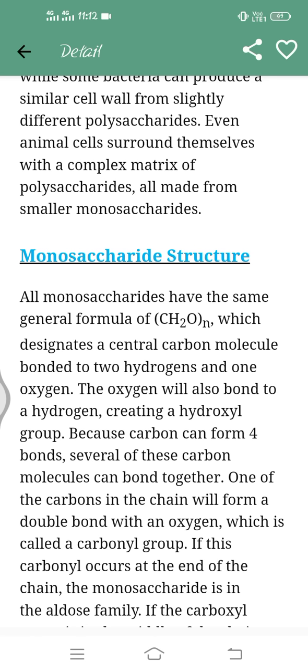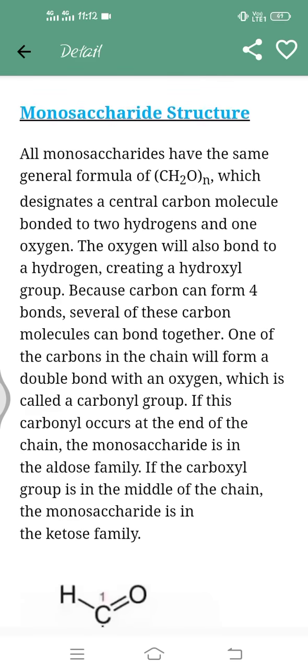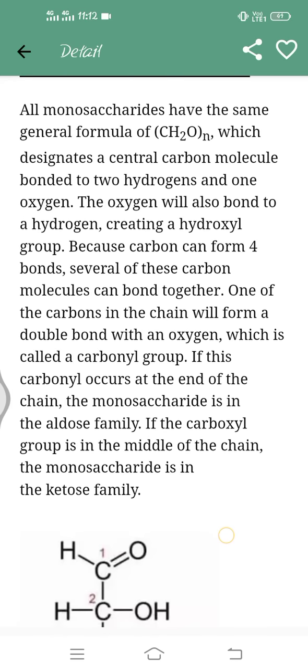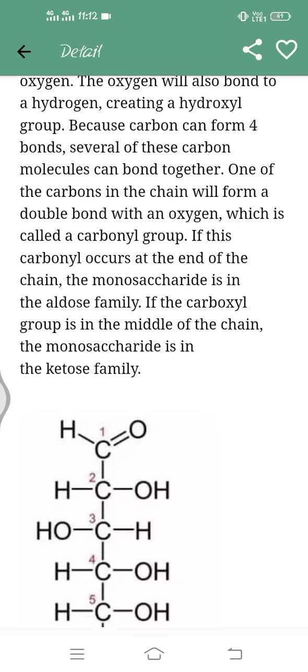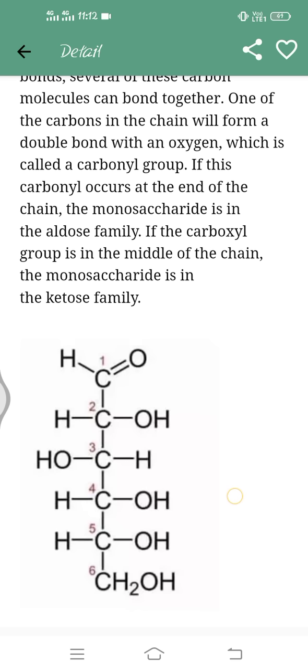Because the carbon can form four bonds, several of these carbon molecules can bond together. One of the carbons in the chain will form a double bond with the oxygen, which is called a carbonyl group.